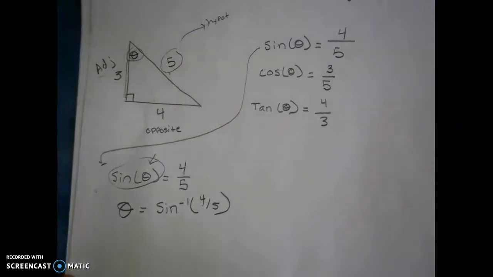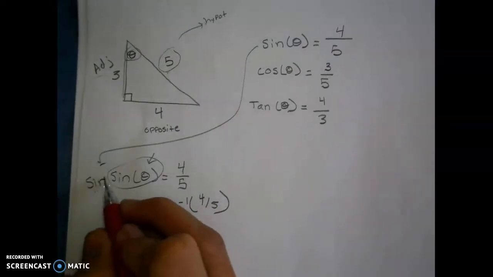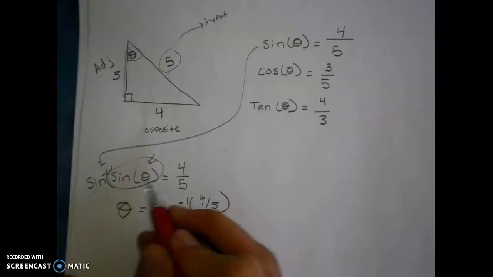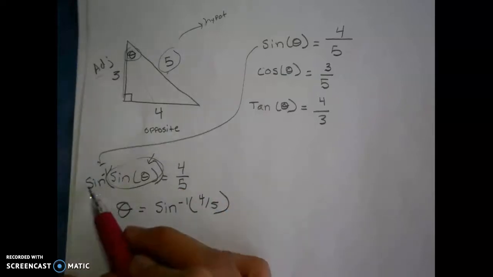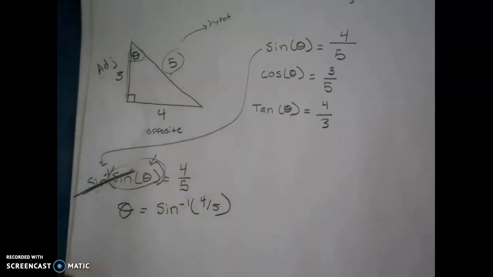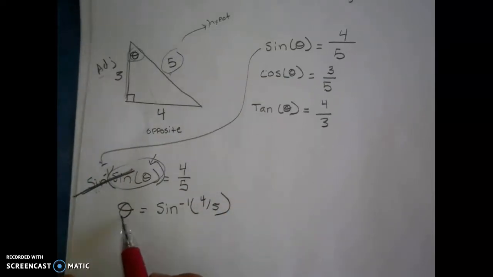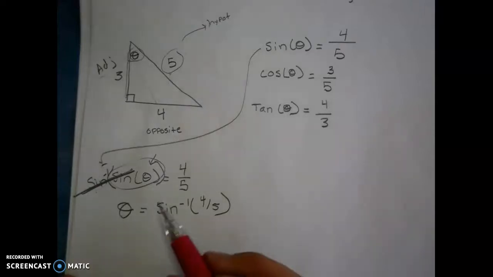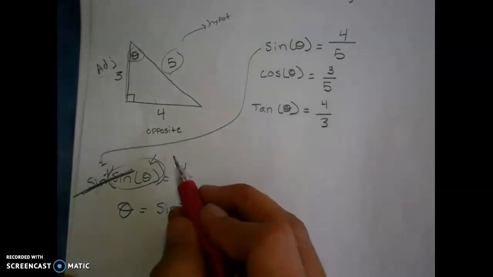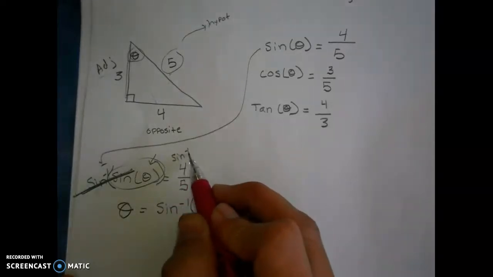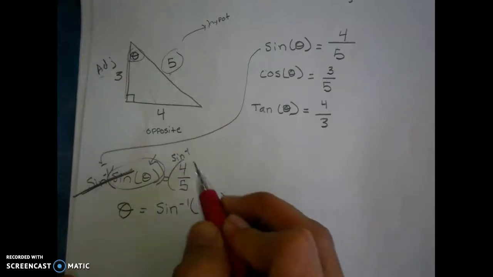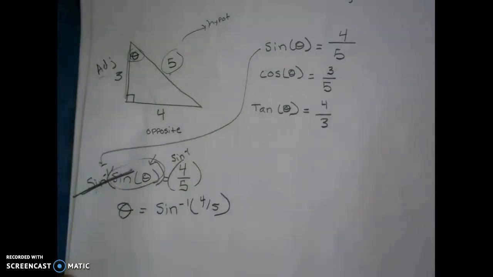Let's back up here. We're taking the inverse of sine, which gets rid of the sine and leaves me with my variable theta, but whatever I do to the left side, I have to do to the right side, so I take the sine inverse of this side right here. Now I go over to my calculator.